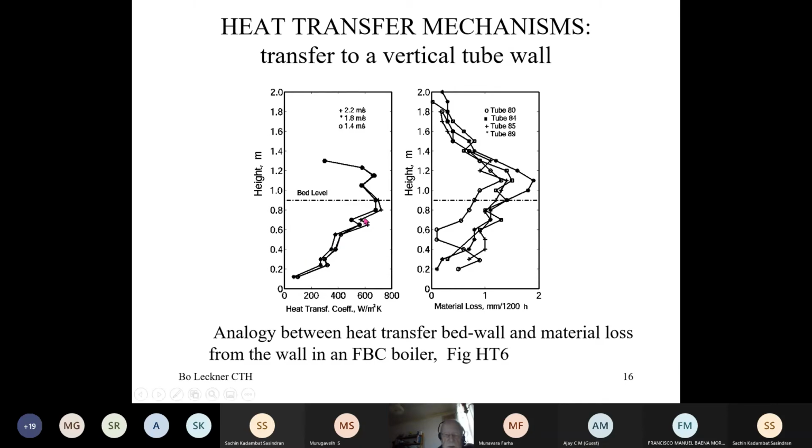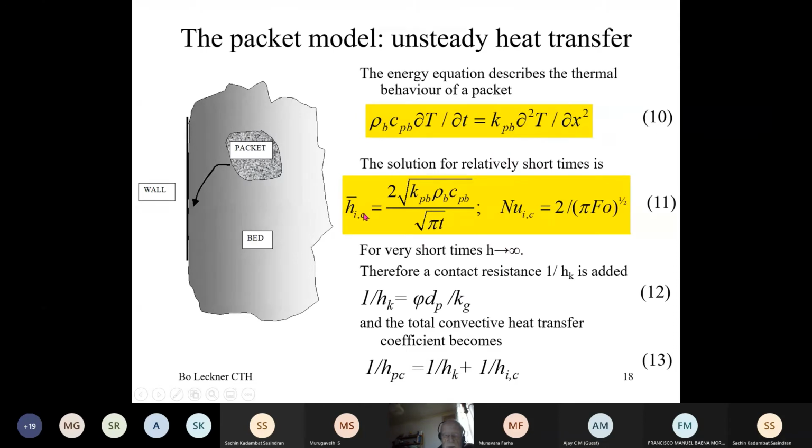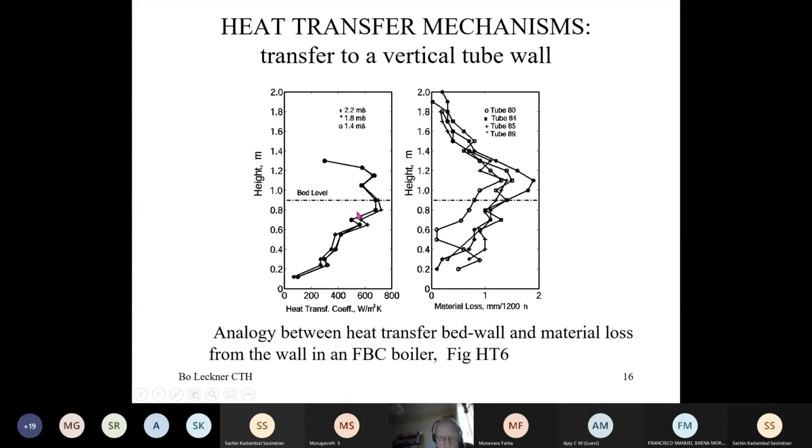So here, the particles are moving down, and then they get cooled, and they are not agitated so much as they are in the bubbling, in the vicinity of bubbles. So the movement of the bed becomes damped here at the surface of the bed, and you see the heat transfer falls. So it is obvious that the heat transfer is related to the movements of the bed.